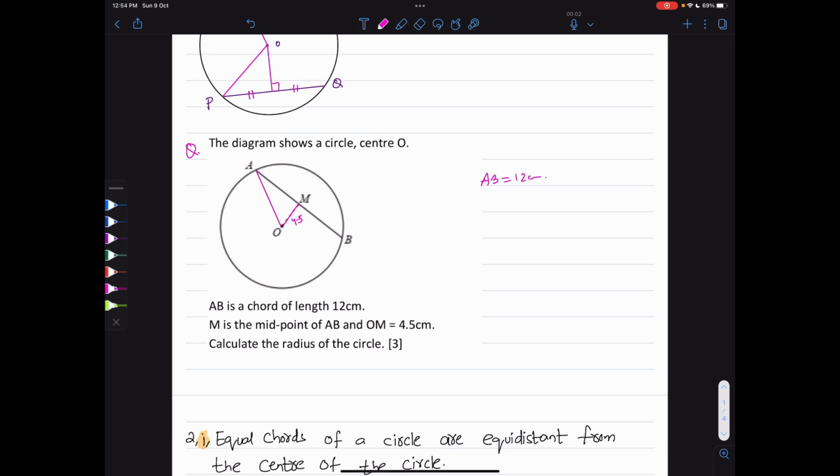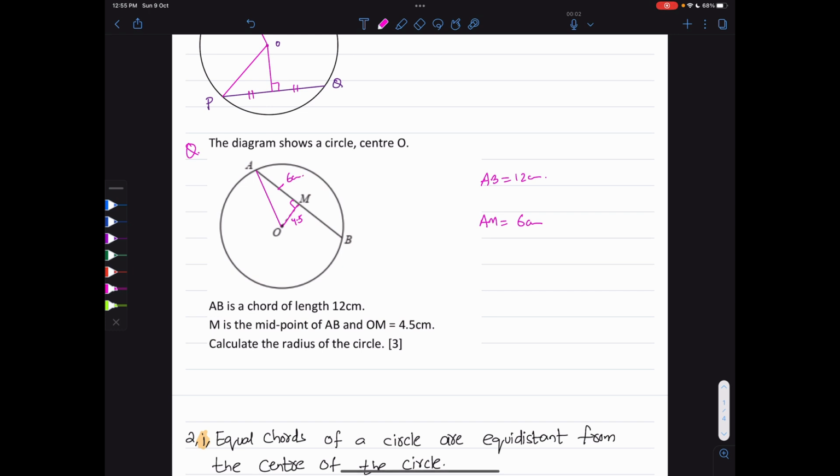Now try to recall the property. The property says that if a line passes through the center of a circle perpendicularly to the point M, and M is the midpoint, then this line is perpendicular. So this is a right angle triangle. The value of AM is going to be half of the value of AB because the chord is bisected. So AM is going to be 6 centimeter.